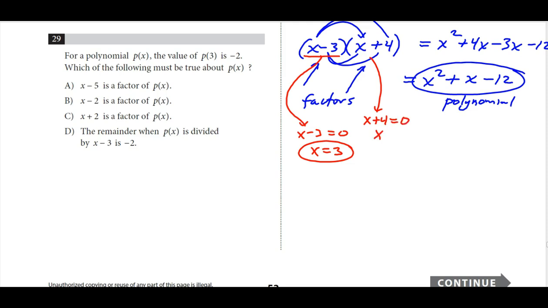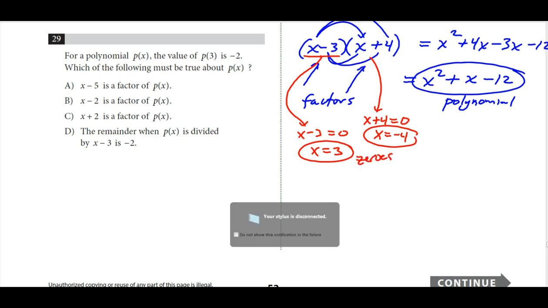When we solve it, you get x equals negative 4. So these two guys are called the zeros of the polynomial, and these are the factors. And you can kind of think of them, I guess, almost as opposites of each other. But there's kind of something interesting that happens. They're called zeros because when I plug them in, they make the equation come out to be 0.